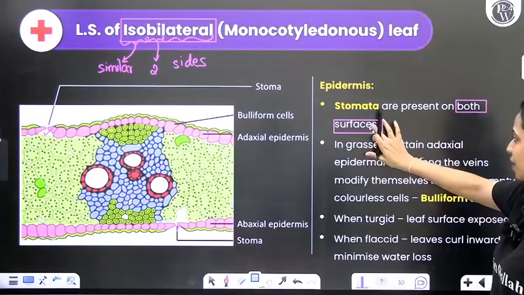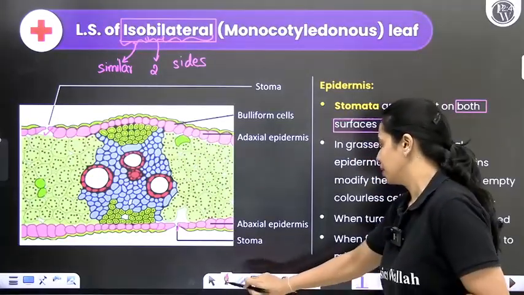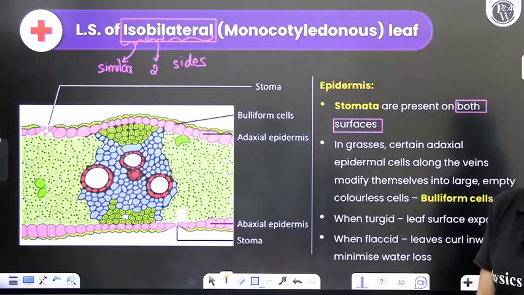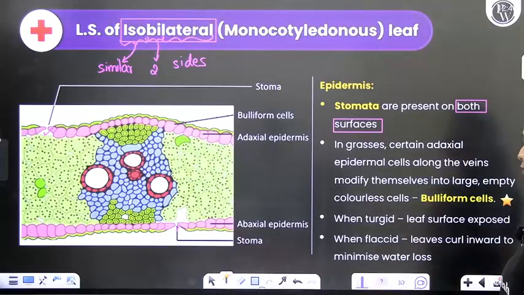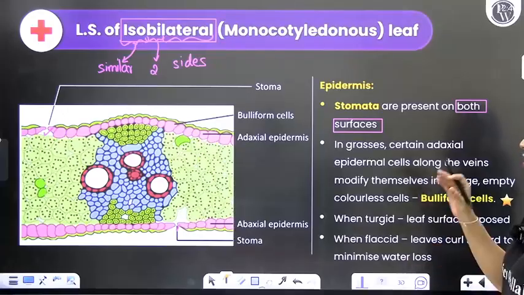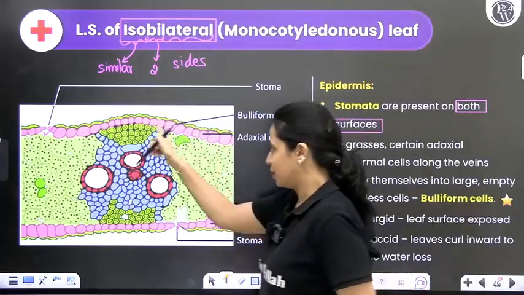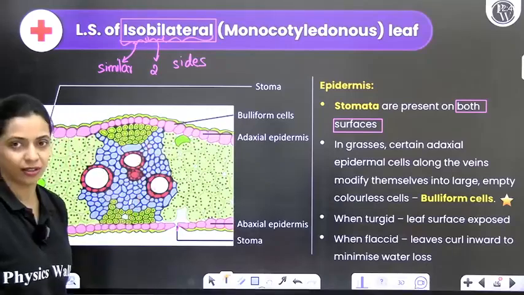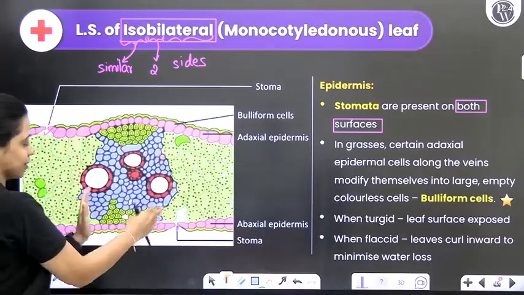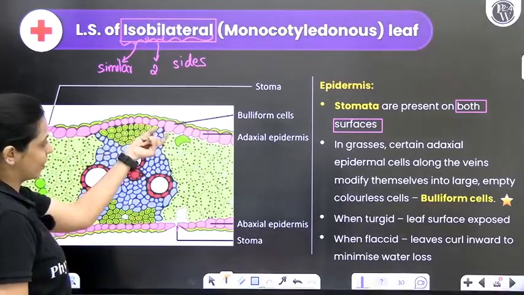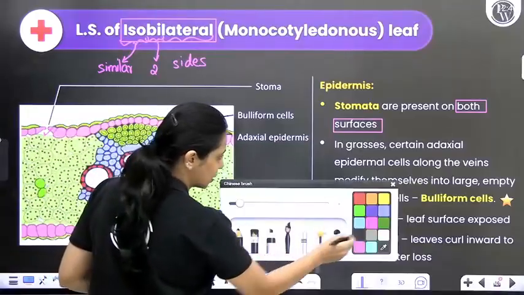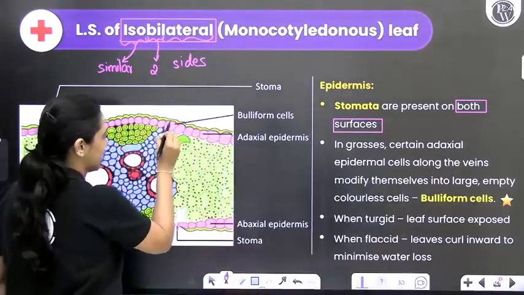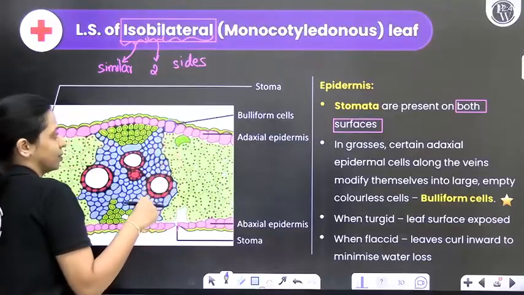Okay. Here is an important point regarding monocot leaves. Generally in monocot leaves or leaves of grasses, what happens? Certain epidermal cells in the adaxial layer that are close to the vascular bundles. Okay, so the vascular bundle is here at the center. Certain epidermal cells that are close to the vascular bundles will get modified.